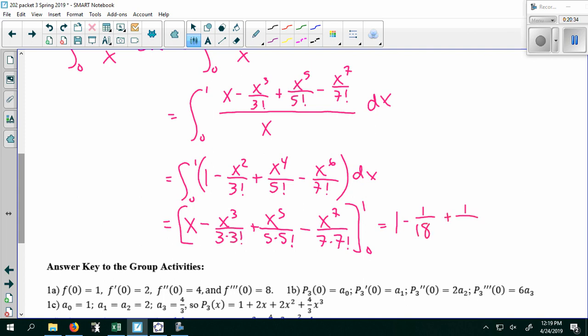Plus 1 over 5 factorial times 5 is 600. And 7 factorial times 7 is 35,280. And this comes out to approximately 0.946.